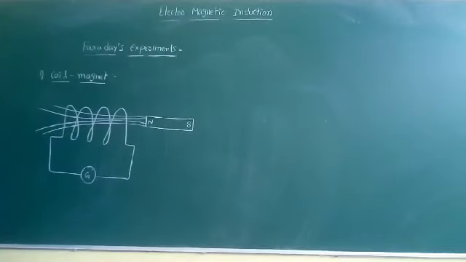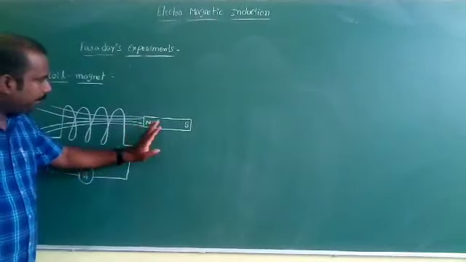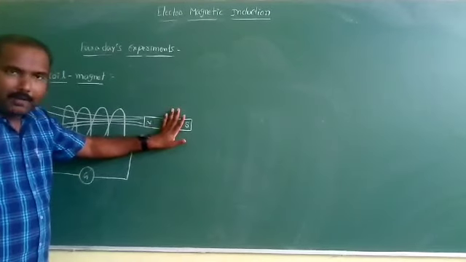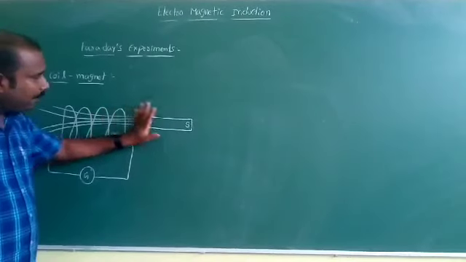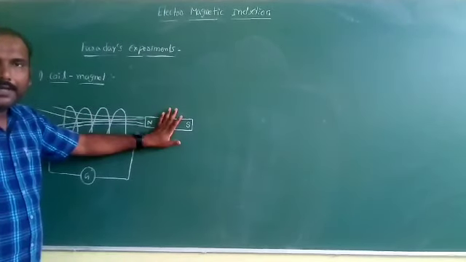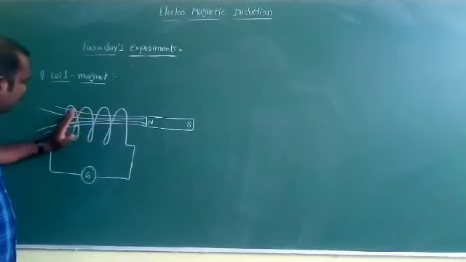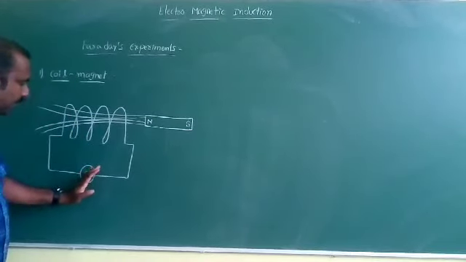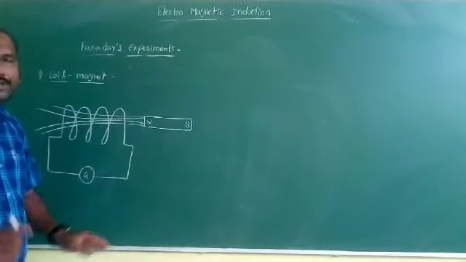See, initially, if the bar magnet and the coil are both not moving, if both are at rest, there is no current and the galvanometer shows null deflection. That means galvanometer shows zero deflection.